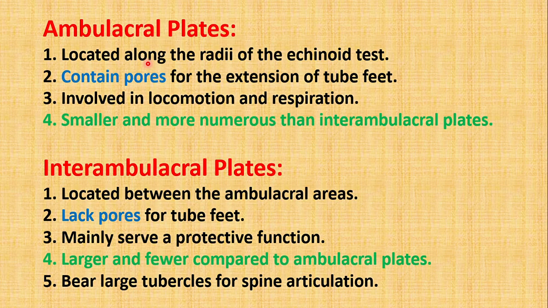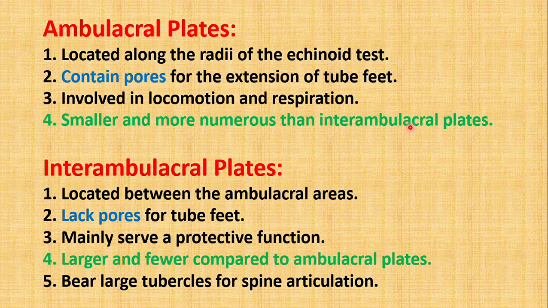The ambulacral plate is located along the radii of the echinoid test and contains the pores. Pores are present in the ambulacral plate. The pore is the extension of the tube feet, involved in locomotion and respiration. It is smaller and more numerous than the interambulacral plate.